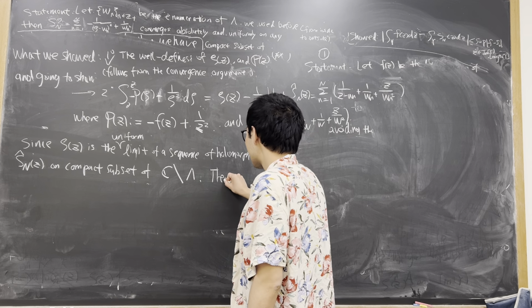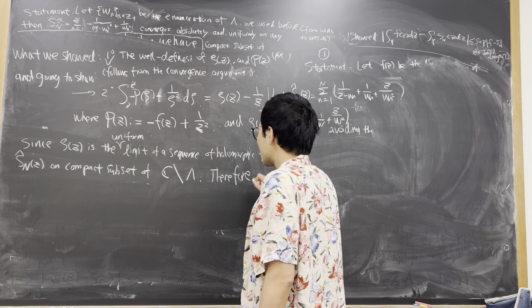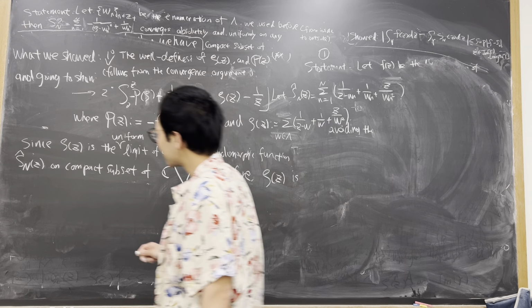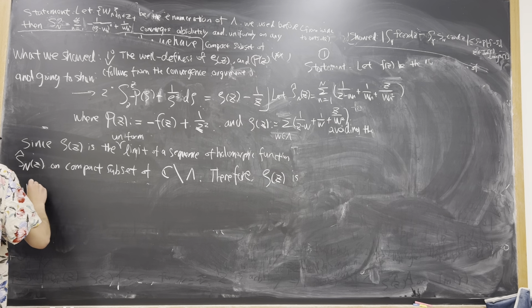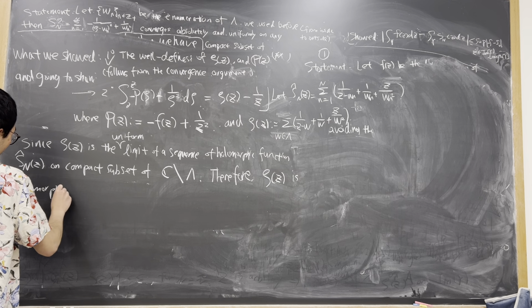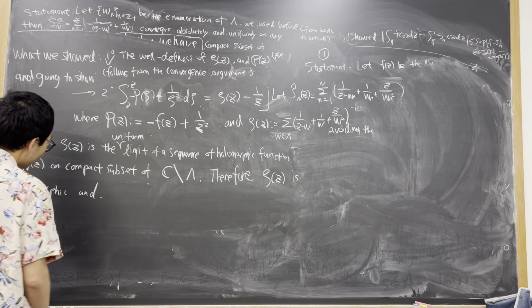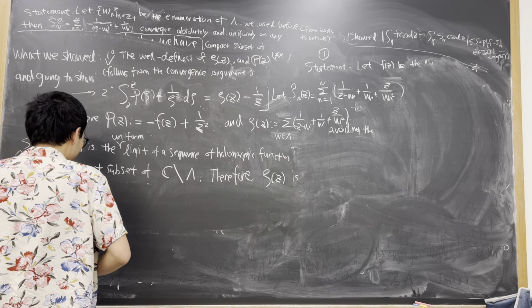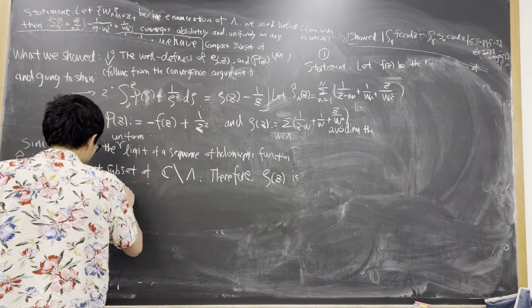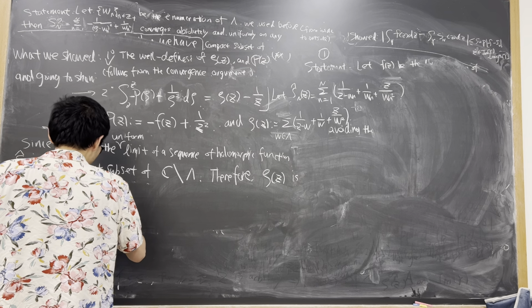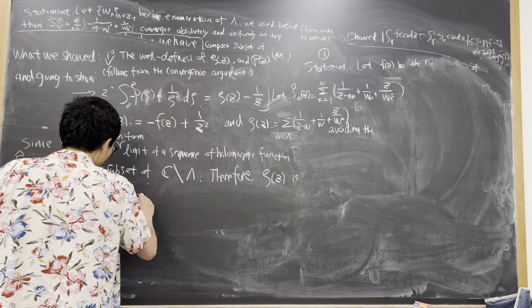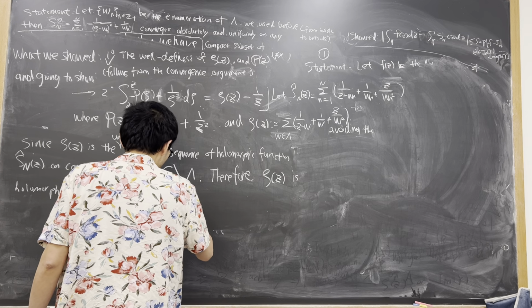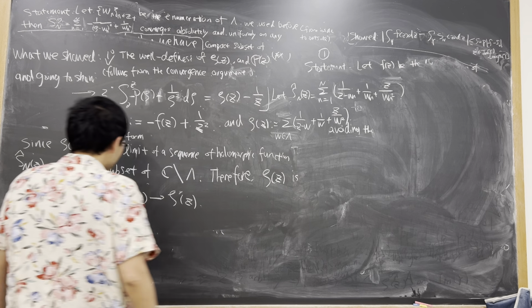Therefore zeta z is holomorphic, right? And we have that the derivative S_n prime z will converge to the derivative of this limit, right?